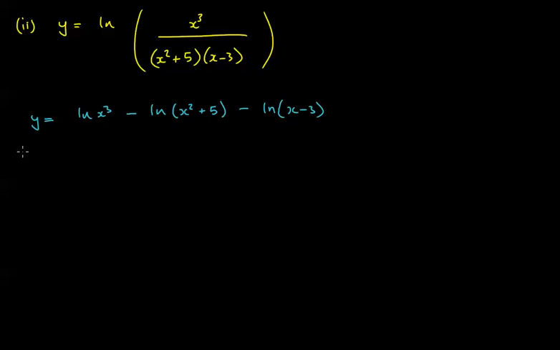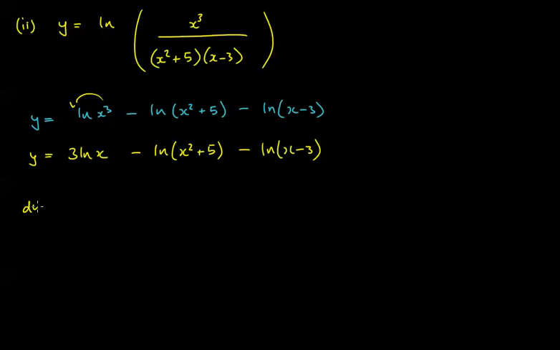Oh, and one thing we could do before we differentiate it is put the 3 to the front, so 3 log x minus log of bracket x squared plus 5, minus log of bracket x take away 3.